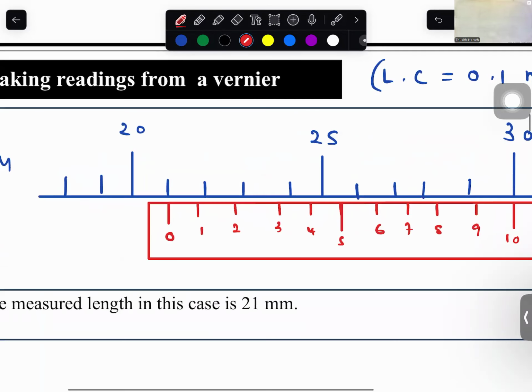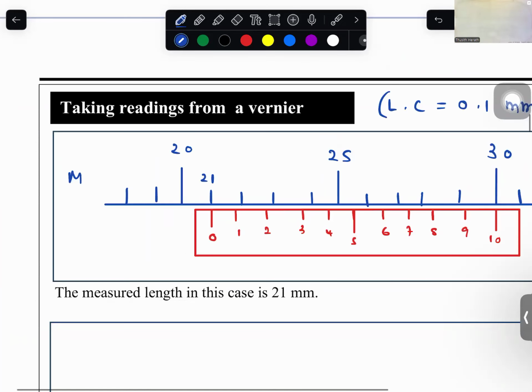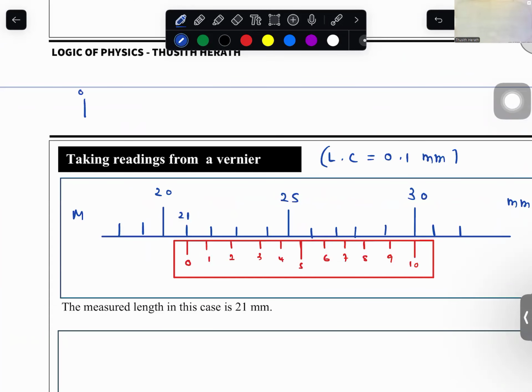Here you can clearly see the 0 mark of the Vernier scale is coinciding with the 21 millimeter line in the main scale. So it means that initially, you can remember, the 0 mark of the main scale coincided with the 0 mark of the Vernier scale. Now it has moved to this position.